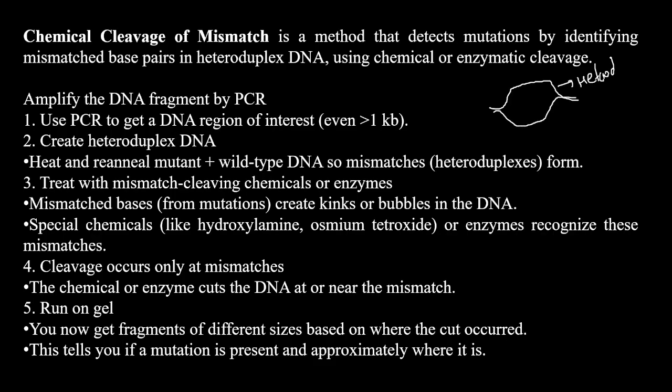This bubble-like structure is recognized by chemicals like hydroxylamine or osmium tetroxide. They will cleave this product. If there is a mismatch or heteroduplex formation, there is going to be cleavage, and that you can identify easily.